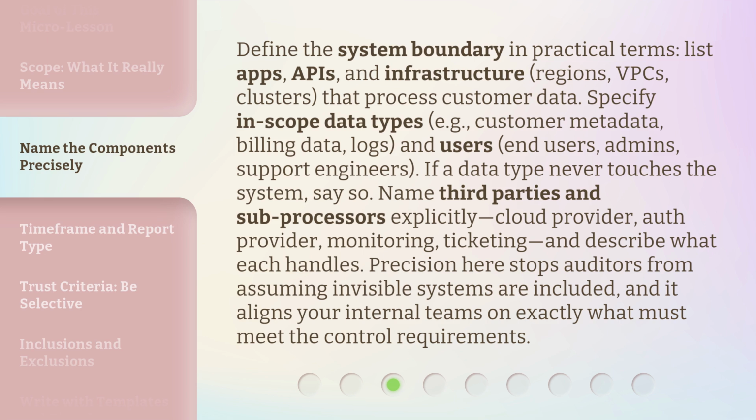If a data type never touches the system, say so. Name third parties and subprocessors explicitly: cloud provider, auth provider, monitoring, ticketing, and describe what each handles. Precision here stops auditors from assuming invisible systems are included, and it aligns your internal teams on exactly what must meet the control requirements.